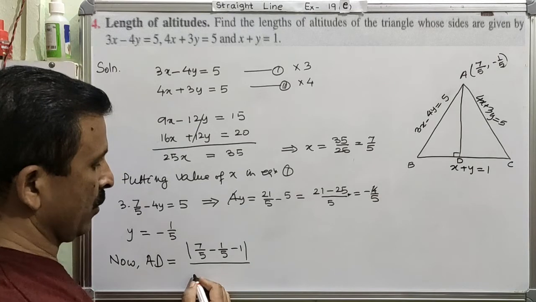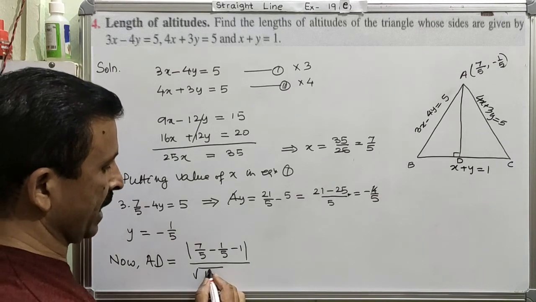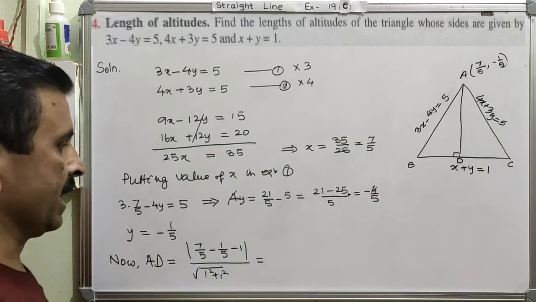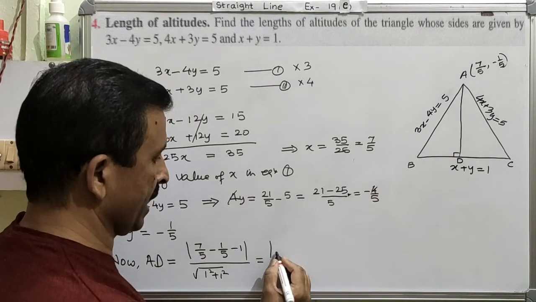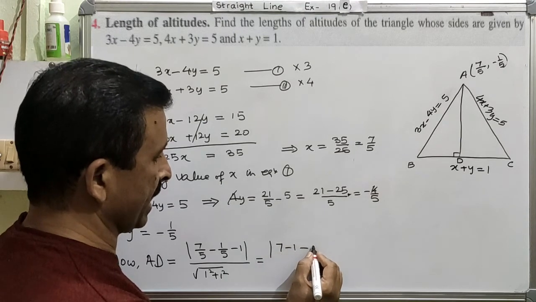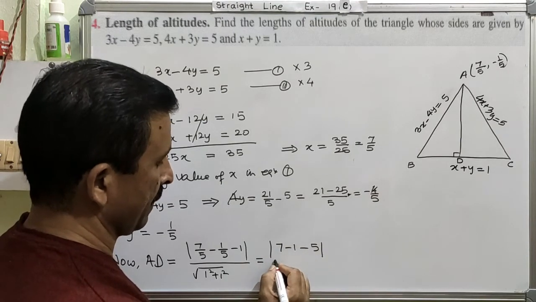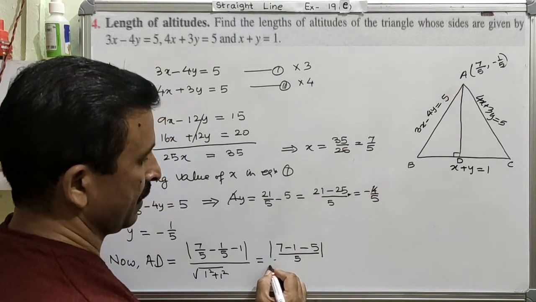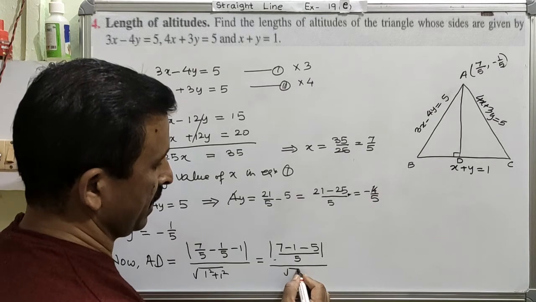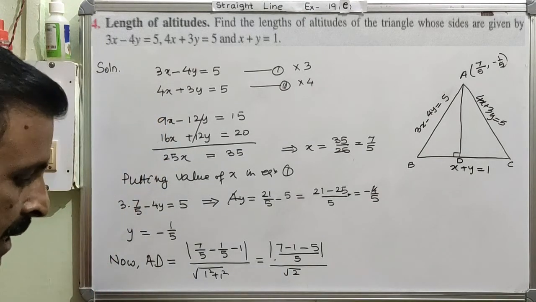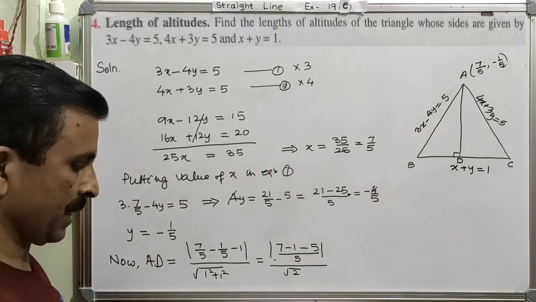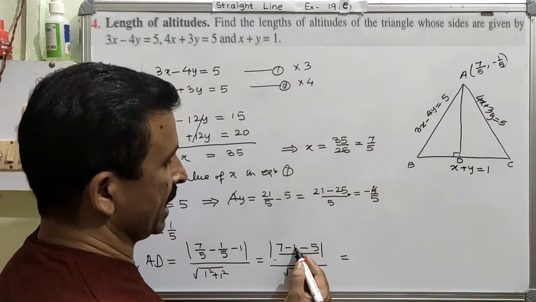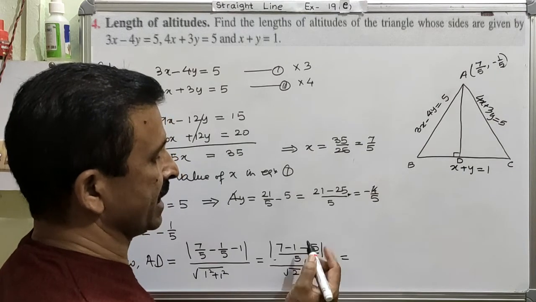Is it alright? Now root over 1 square plus 1 square. Alright? So now the numerator will be 7 minus 1 minus 5, over 5, divided by root over 2. Is this very clear? So this will become 7 minus 1 minus 5 is minus 6, so 7 minus 6 is 1.